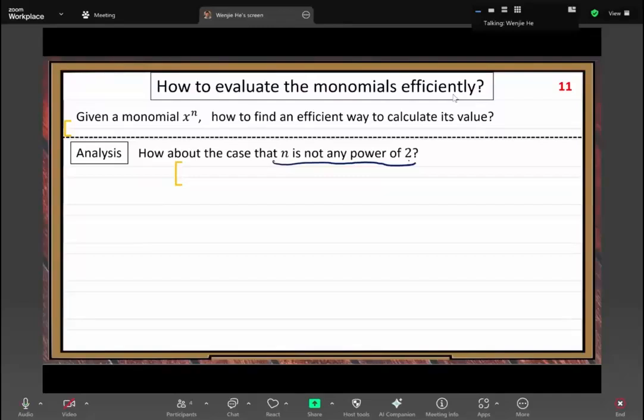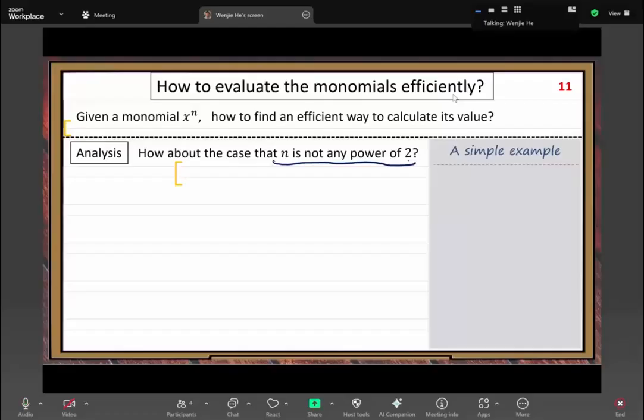Let me use a simple example to explain. When n is not a power of 2, we use the reuse-the-resource idea. Try to reuse the intermediate calculation results. That's our computation resource.